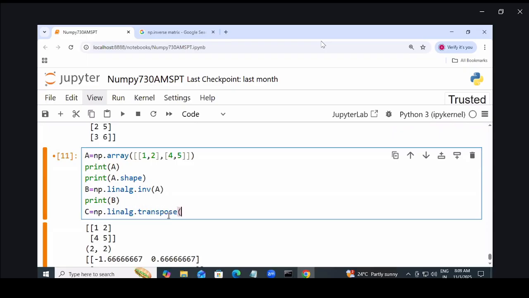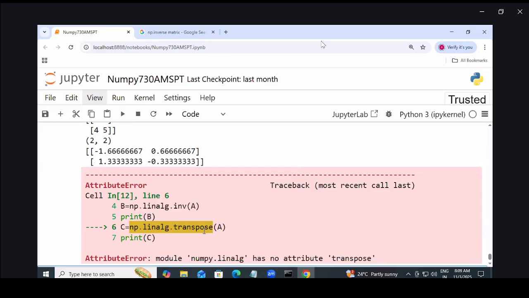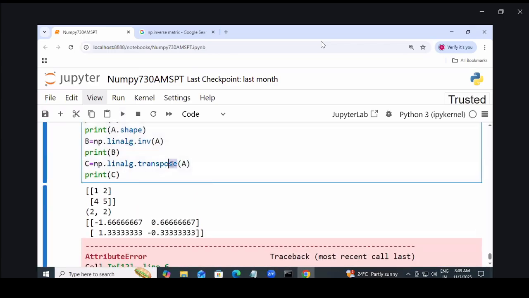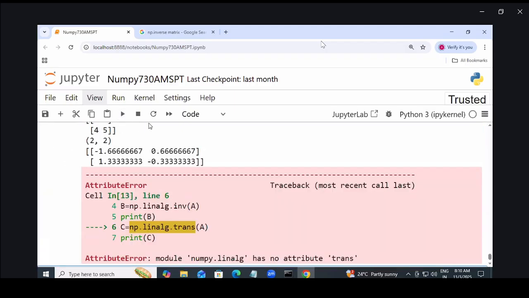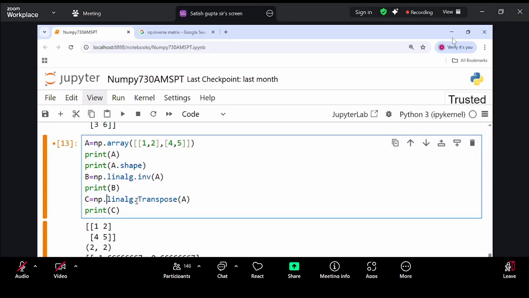You can use the transpose of A, and also the transpose of C. If you run this, the method name is transpose.